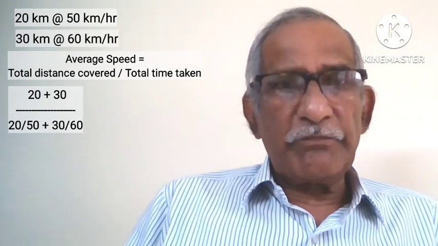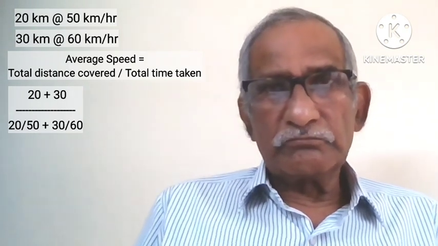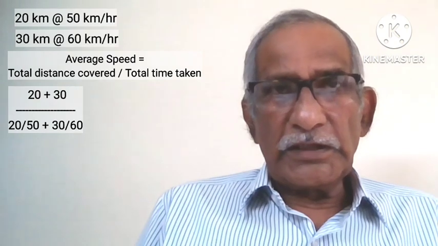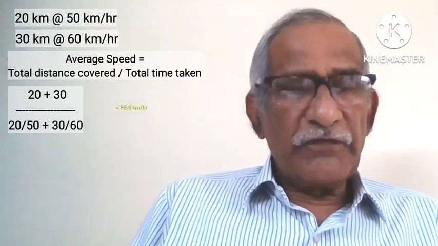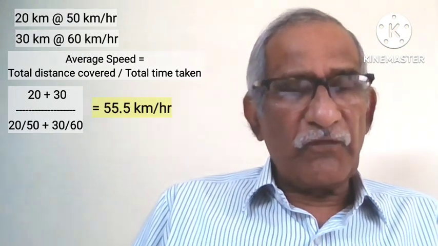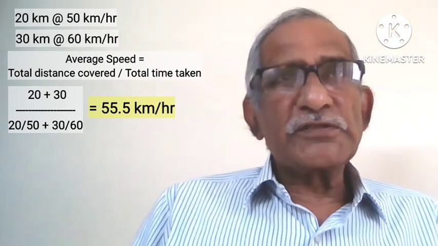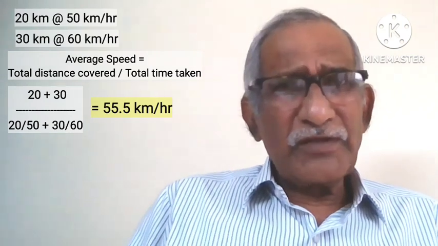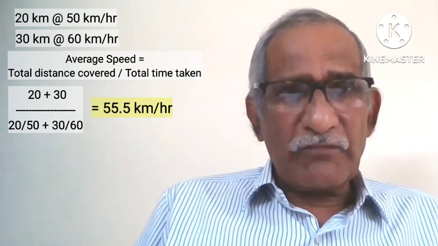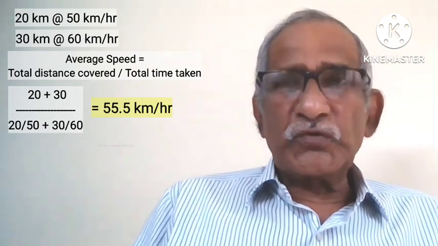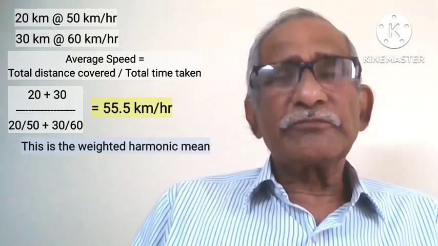So 20 by 50 plus 30 by 60, this is the total time taken. And so this would be equal to 55.5 kilometers per hour. This is the average speed. But what is this? This is the weighted harmonic mean of the two speeds, 50 kilometers per hour and 60 kilometers per hour.